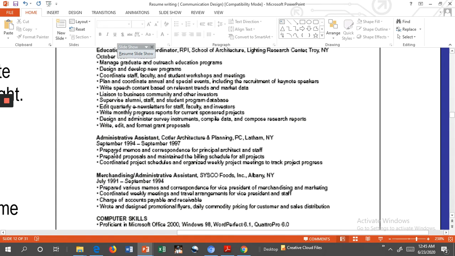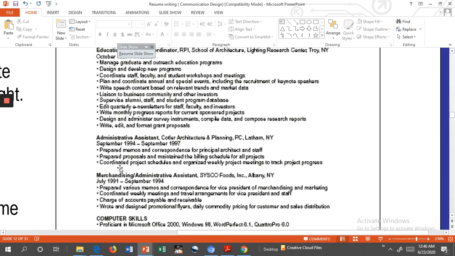Is that clear? So please keep these things in mind, because many students miss out this important piece of information. When they're writing their CV, for their present job they use past form, or for their past job or experience they use present form.